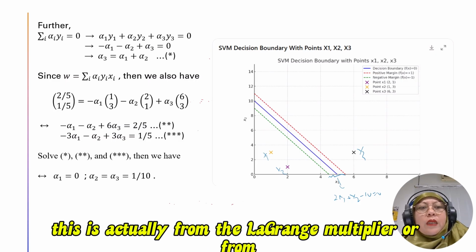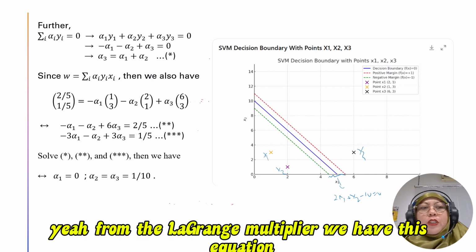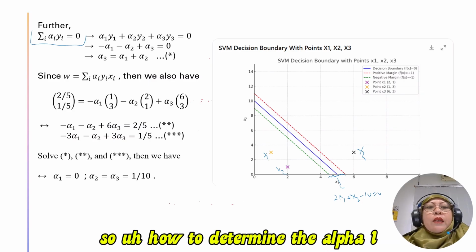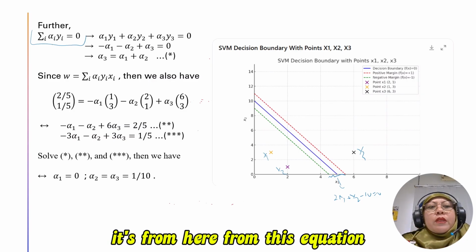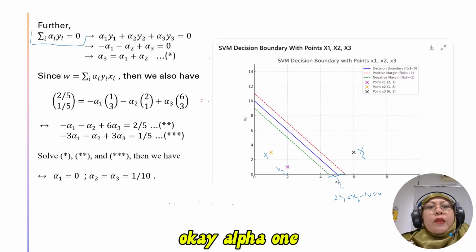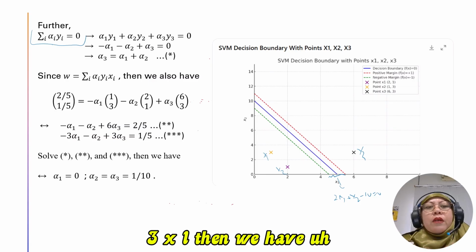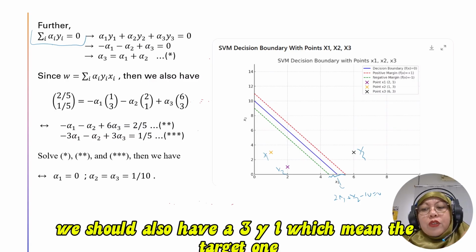Now, from the Lagrange multiplier we have this equation, right? So we can also determine alpha i, the multiplier. Okay, so how to determine the alpha i is from this equation. Alpha 1, because we have 3 x i, then we should also have 3 y i, which means the target one.